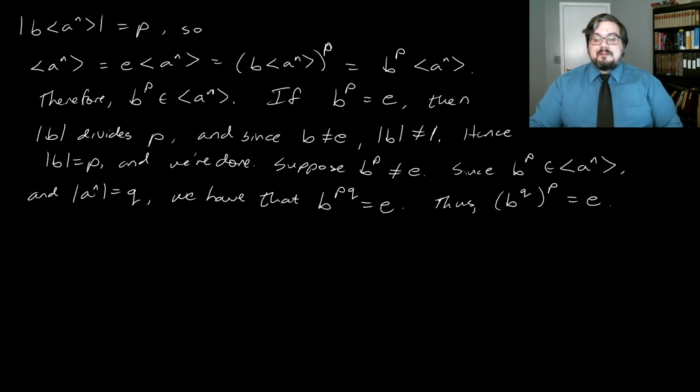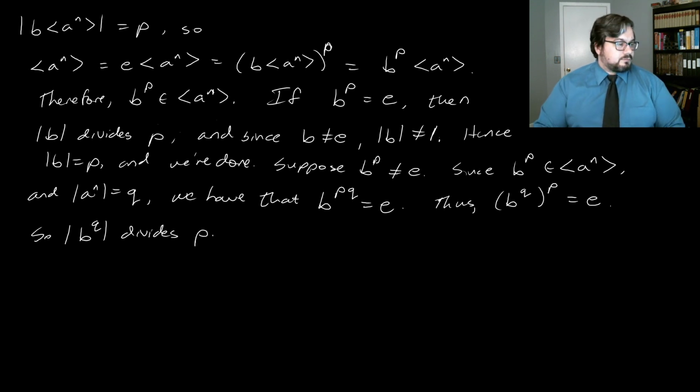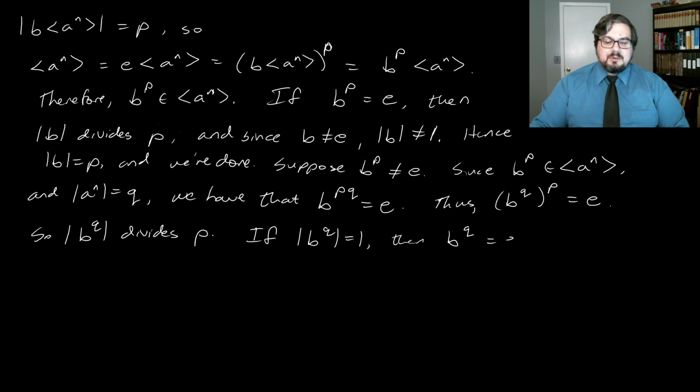So now we have an element b to the Q, which when you raise it to the pth power gives you the identity. So that tells us that the order of b to the Q divides p. If the order of b to the Q equals 1, then that means that b to the Q is the identity.